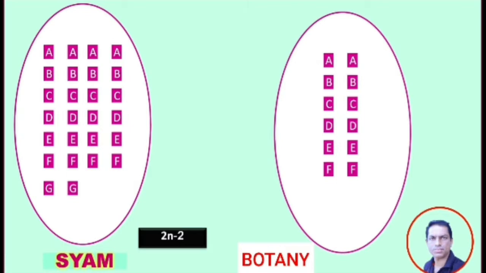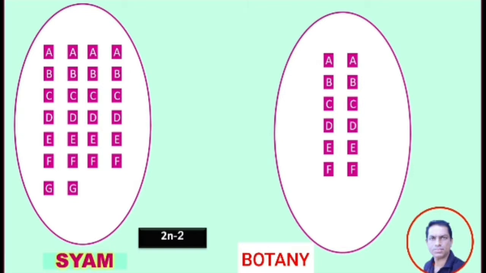In each genome 7 chromosomes originally, A, B, C, D, E, F, G. In the other genome also 7 chromosomes are present originally, A, B, C, D, E, F, G. That means 2n is equal to 14. 7 in one genome, 7 chromosomes in the other genome.